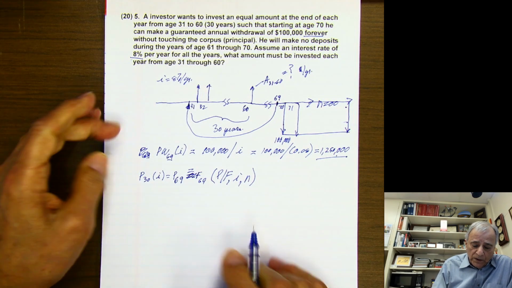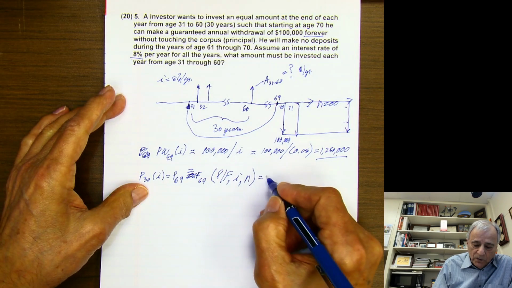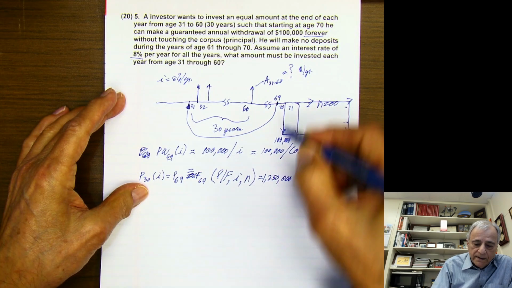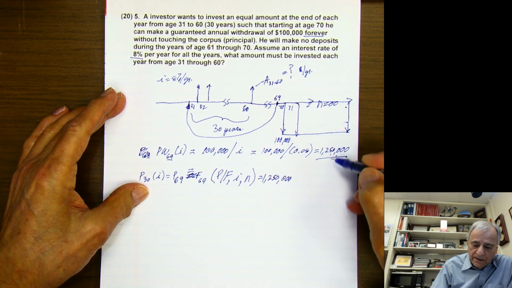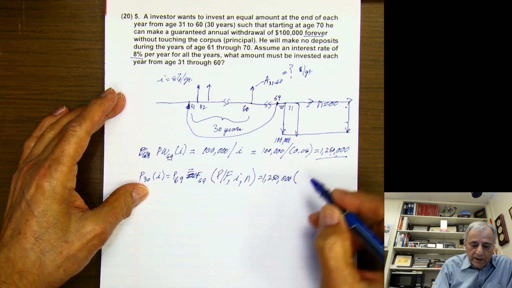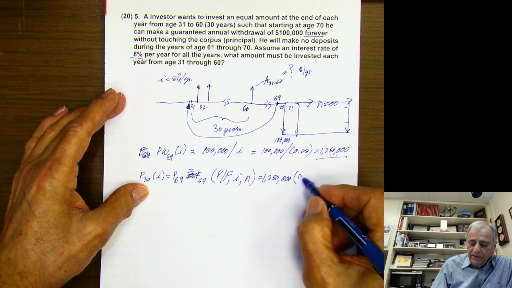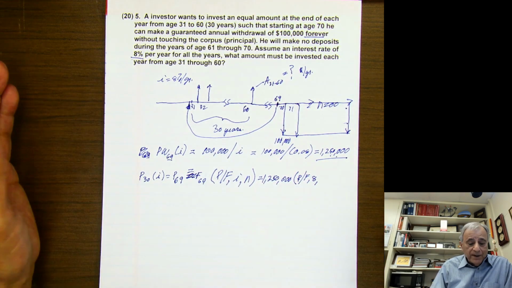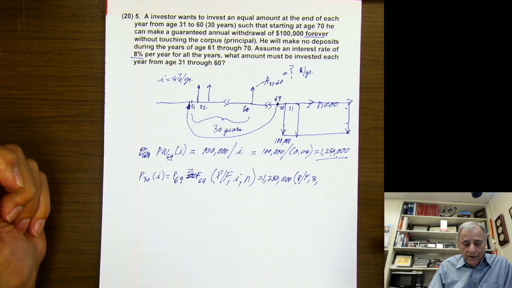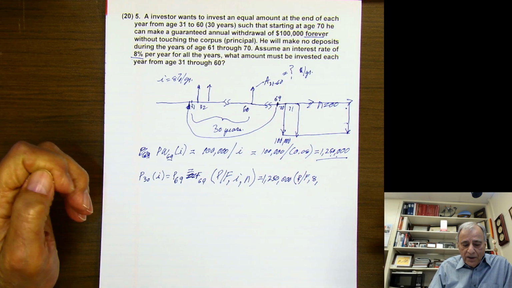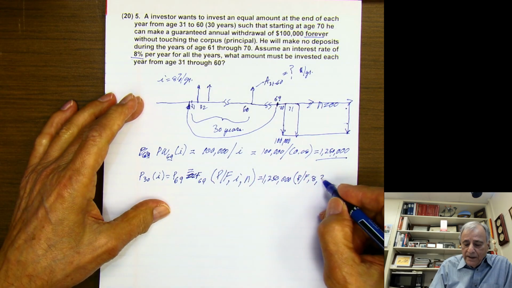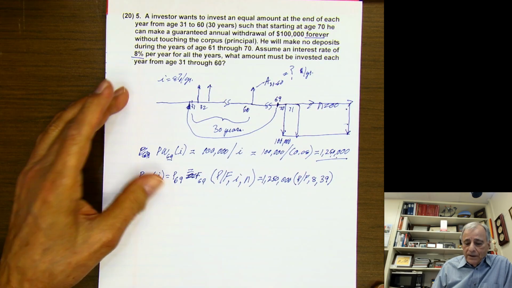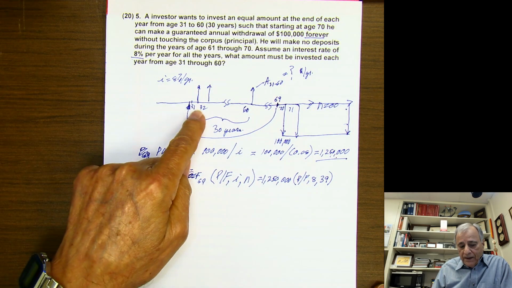So once we do this, we will have 1,250,000. That's the amount that's here, that's this number, times, to get it back to here, P given F, 8% for how many years now? We're taking it all the way back to time 30. So that's 39 years, not 38, because it's got to be 1 year before that first A payment.